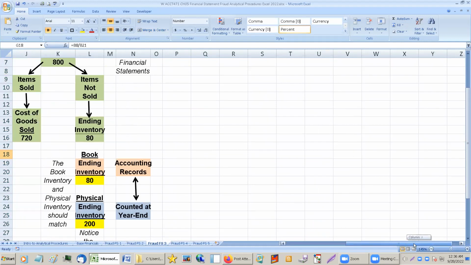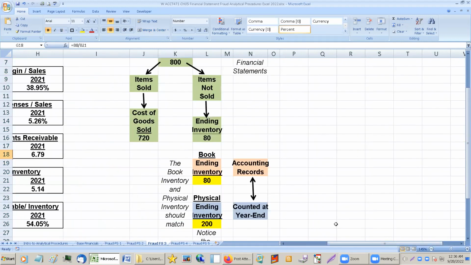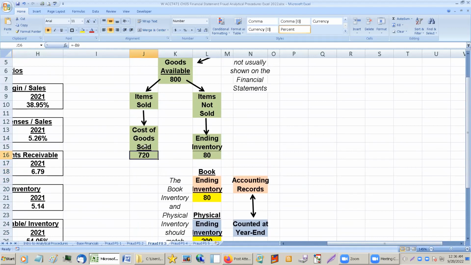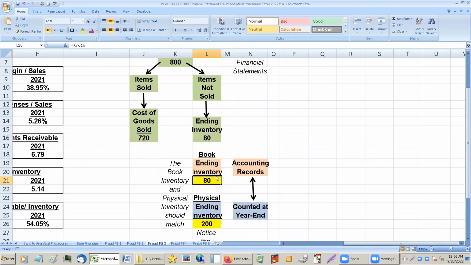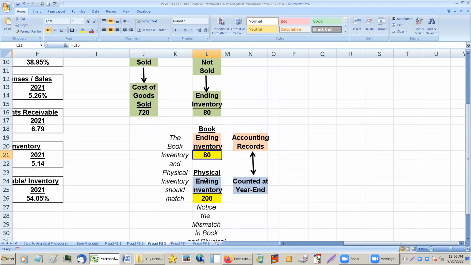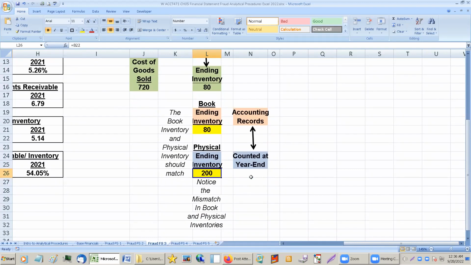Is over here. Because you can't get around that if you sold 720 and there's 800 available, inventory should be on your books at 80. But you ship this stuff back into the place, or not you, but whoever did this. So you take the inventory, you're going to find a whole bunch of extra inventory, which is weird.